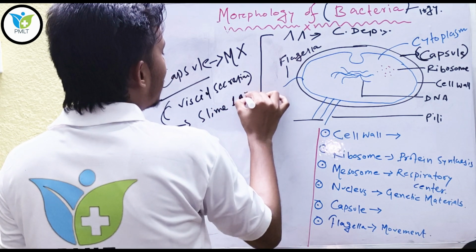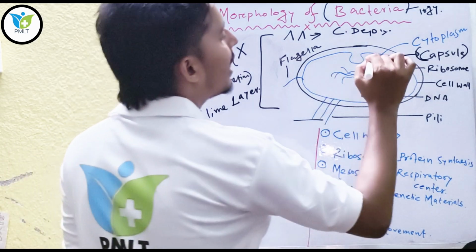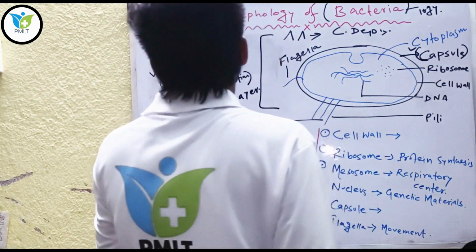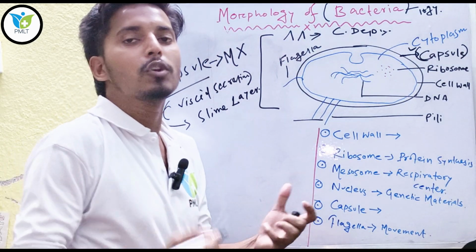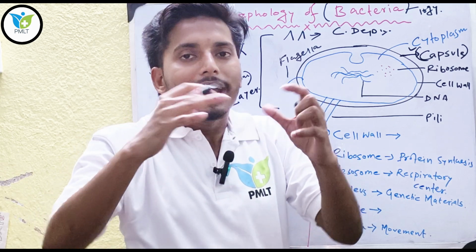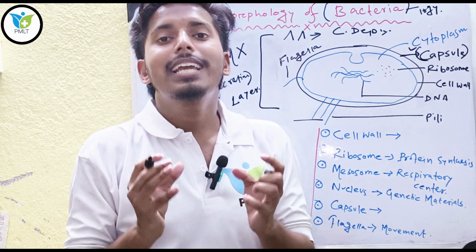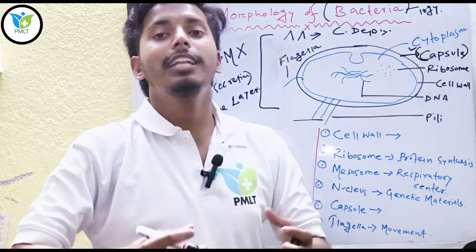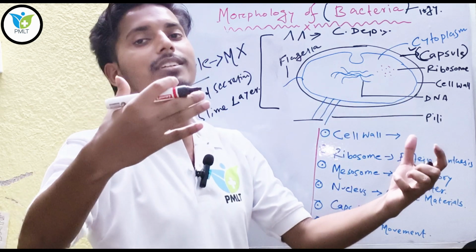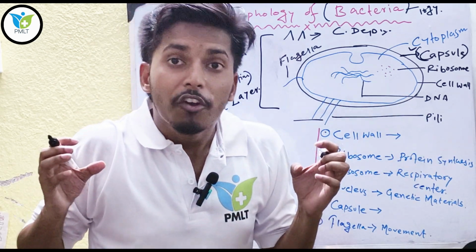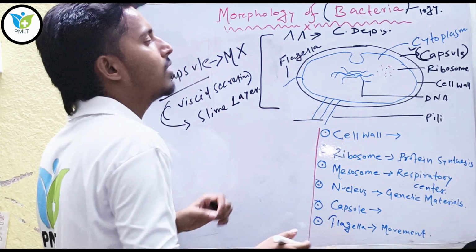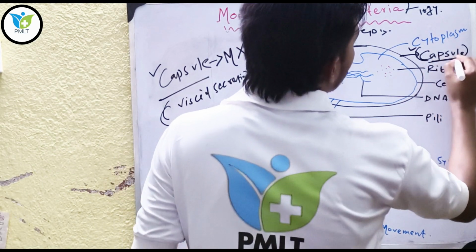Understood? The function of the capsule is to protect the bacteria. The capsule has virulence, so if any kinds of antibacterial agents are coming, the capsule helps to fight them first.